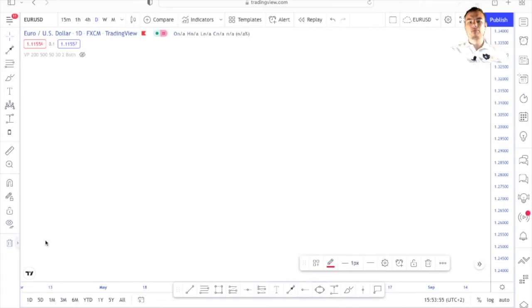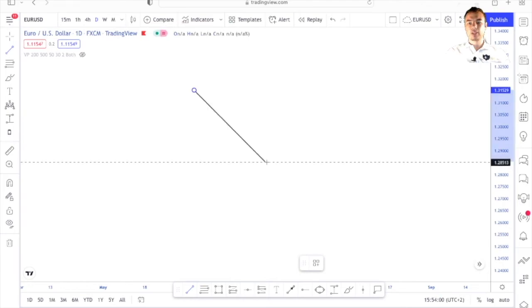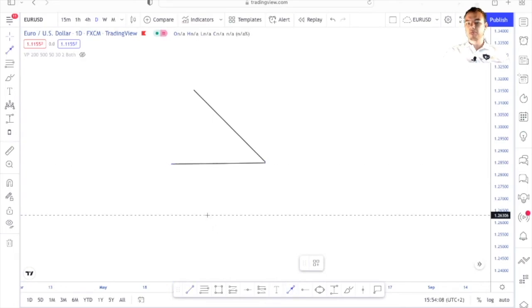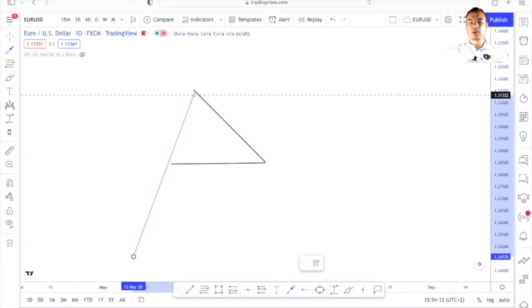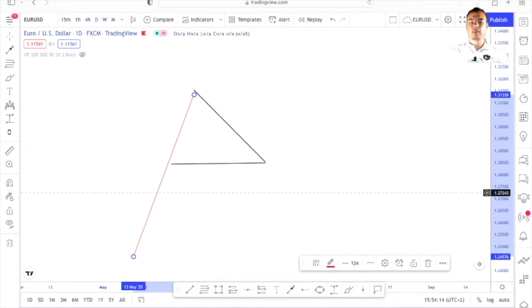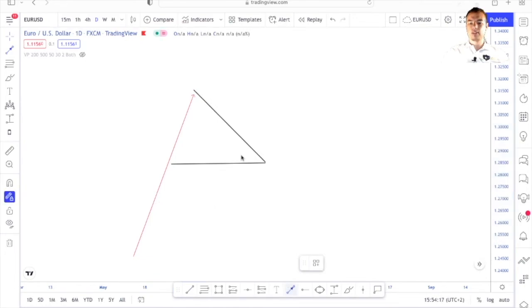Now we'll go with this one first. This is a descending triangle. So what can happen? Let's say again uptrend, right? Uptrend makes a higher high. Higher high comes down to make a higher low.